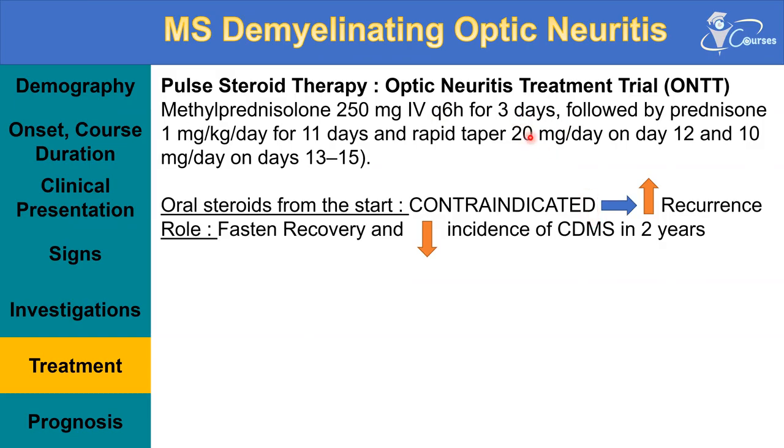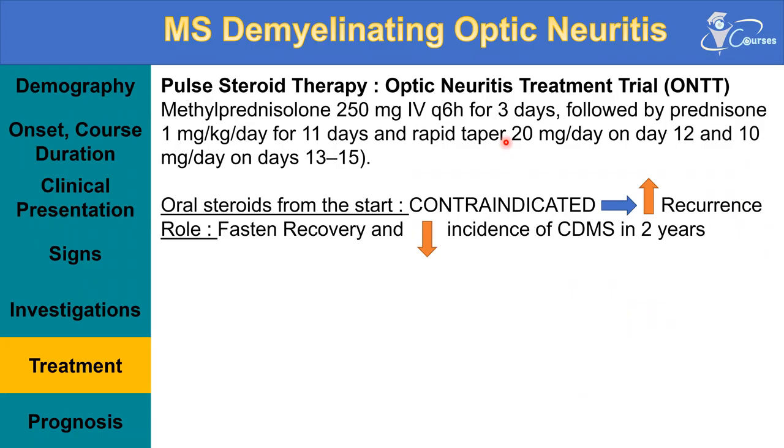So pulse steroid therapy, 1 gram per day for 3 days, followed by oral prednisone, 1 milligram per kilogram per day for 11 days, then tapering rapidly of 20 milligram per day for the next 3 days. Okay, so you do induction of intravenous steroid therapy for 3 days, followed by oral prednisone, followed by rapid withdrawal over 3 days.